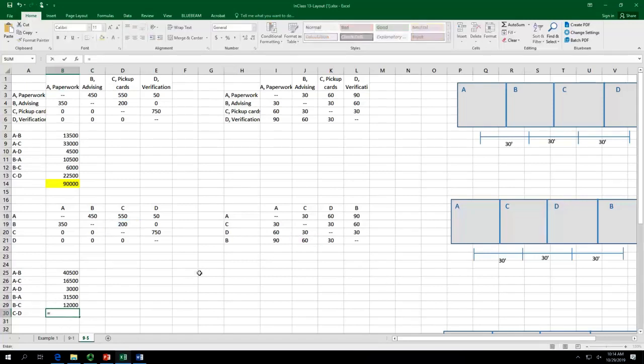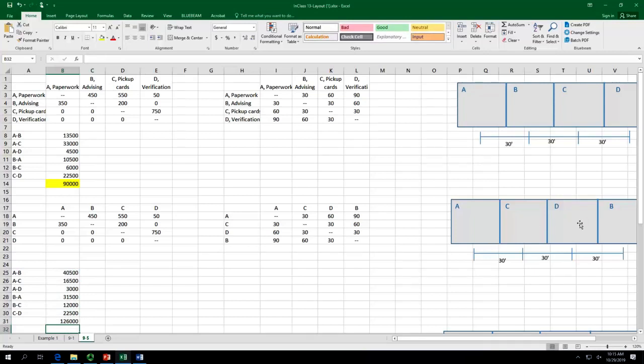For C and D, the 750. C and D, the distance is 30. So this sum, you can find out, wow, very big.